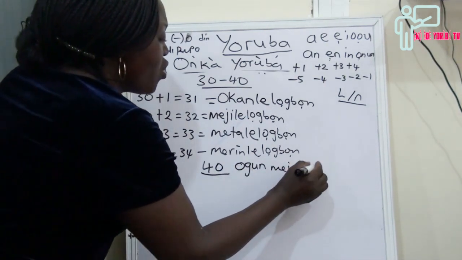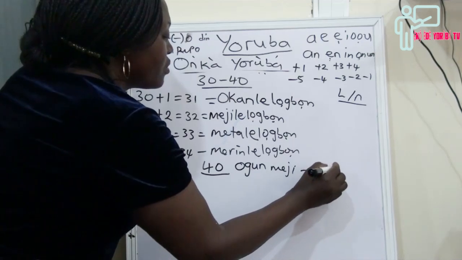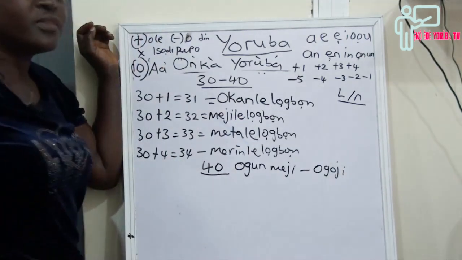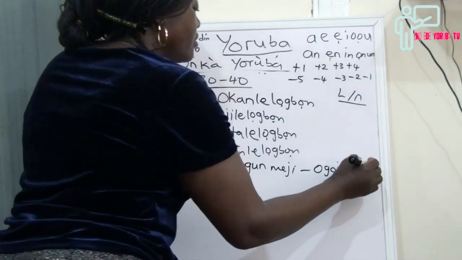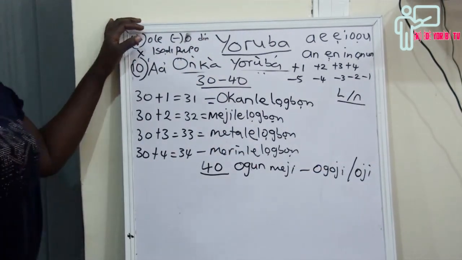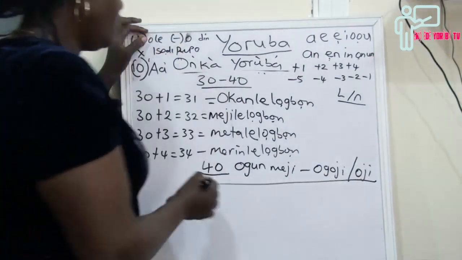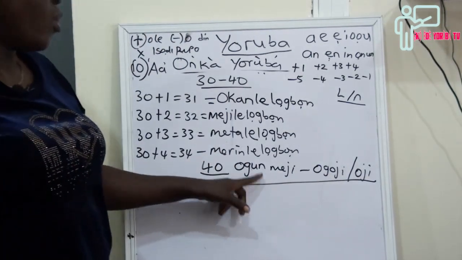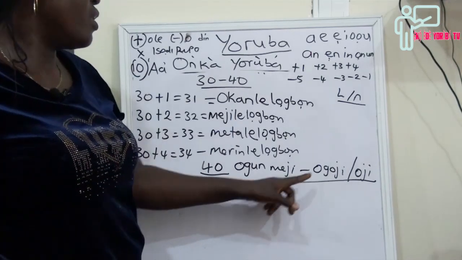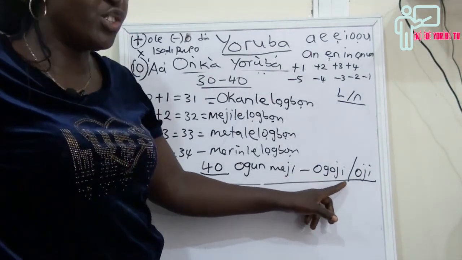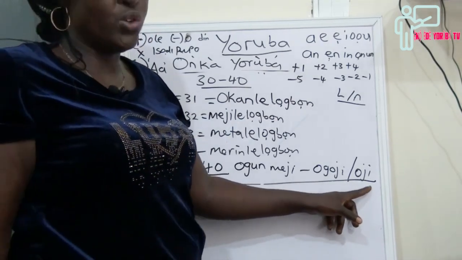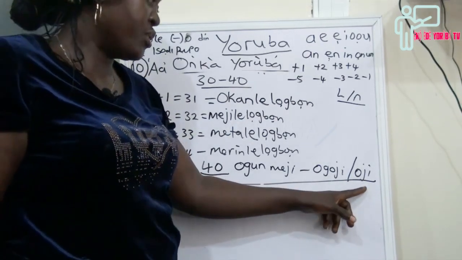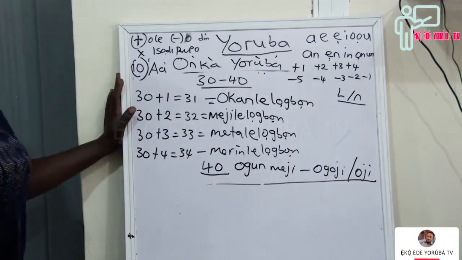Which is ogójì. And another name for it is òjì. 40, ogún méjì, we call it ogójì, and another name for it is òjì.